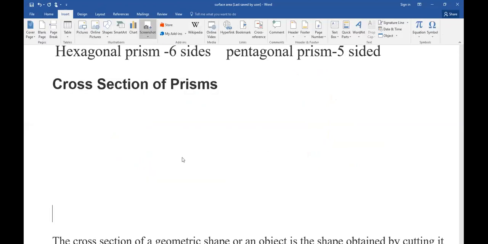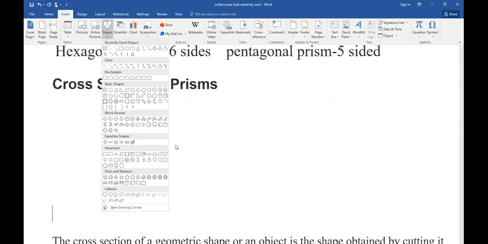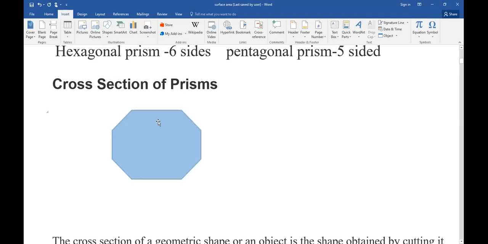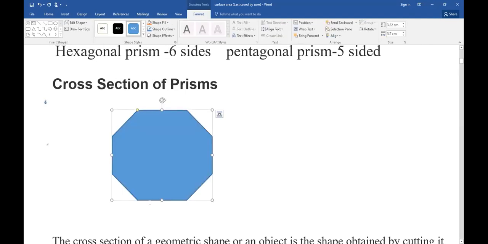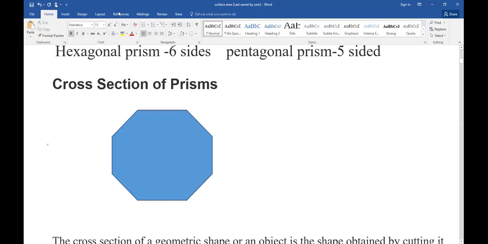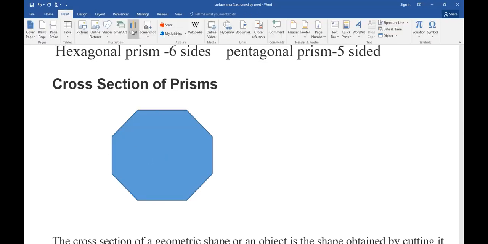Let me find whether I can see the shape here. 1, 2, 3, 4, 5, 6, 7. This one is not it. This one is an octagon. This one is 8-sided. So I was finding the 6-sided one.